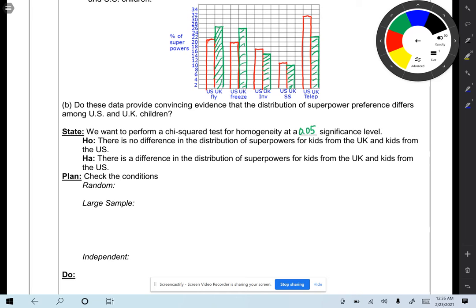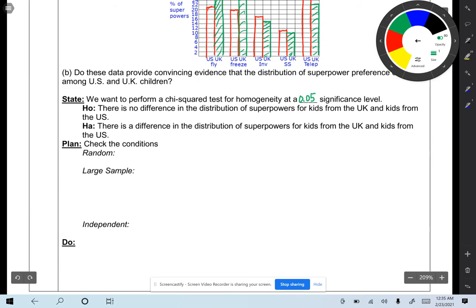So that's what we will do when we get to the plan section. So now going to the plan section, random, it's a simple random sample of 200 kids from the UK, and a simple random sample of 215 kids from the US.